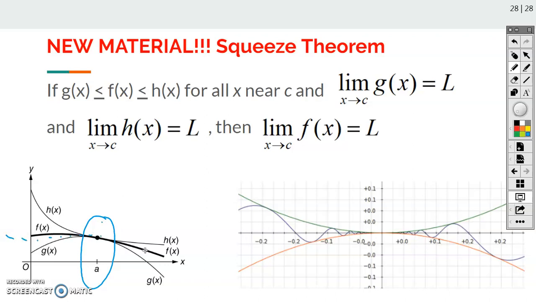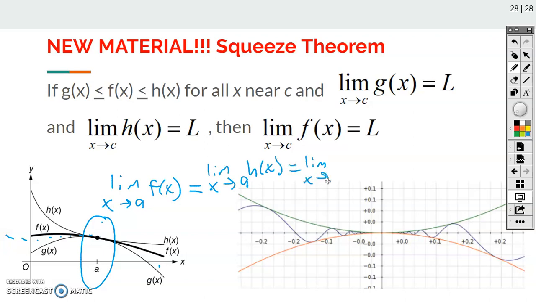Since f is always in between those two, the limit as x approaches a of f of x must equal whatever both of these other limits were. So the limit as x approaches a of h of x, which is also going to equal the limit as x approaches a of g of x.